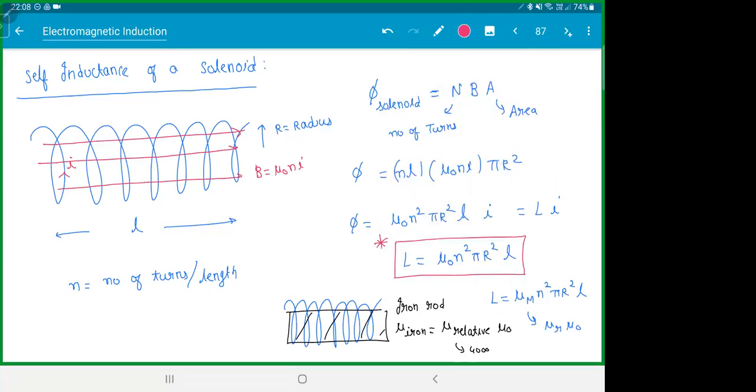Just like capacitance, the self-inductance depends on the dimensions and depends on the medium. Check this out. Clear, everyone?